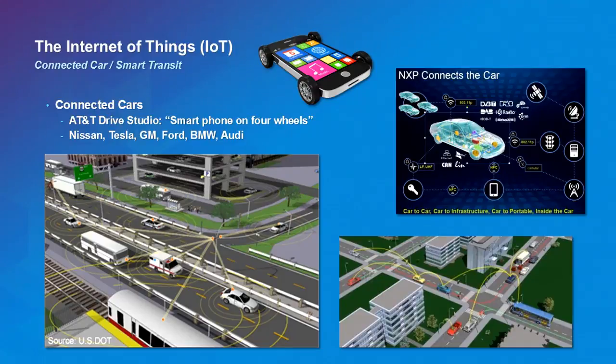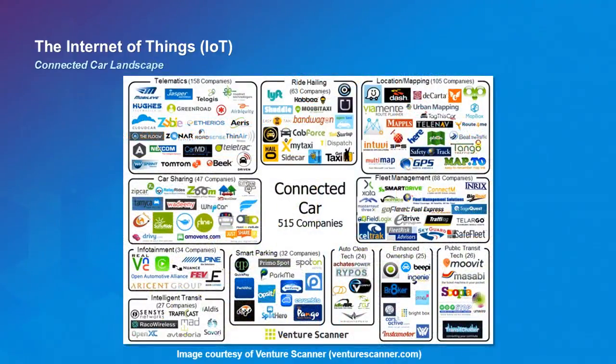So there are a lot more sensors coming to the car and many new developments in terms of hardware and communication protocols to exchange data. The landscape is also widened with different categories of the market. Telematics, for example, location mapping, smart parking, fleet management, infotainment, and many others.